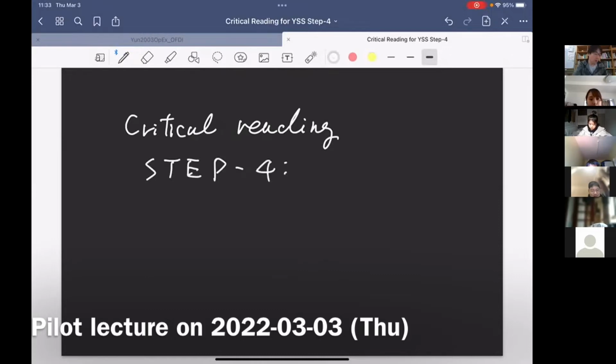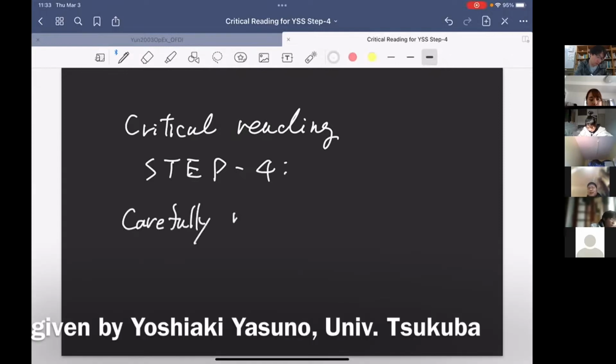The topic of step 4 is carefully reading papers. Okay, this is today's topic.